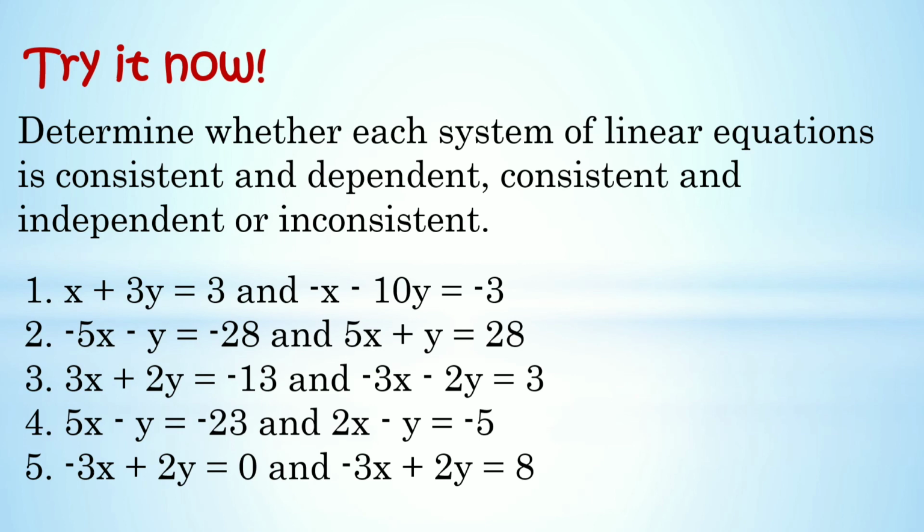Pwede nyo ring kunin si slope tsaka si y-intercept. Tingnan nyo kung equal ang slope, kung equal yung y-intercept. Yan, para ma-determine nyo kung anong klase siyang systems. Pwede nyo rin siyang isolve para malaman nyo kung meron siyang isang solution, walang solution, or maraming solution. Pero, sa susunod pa nating topic yon yung pagsusolve ng system of linear equation in two variables.